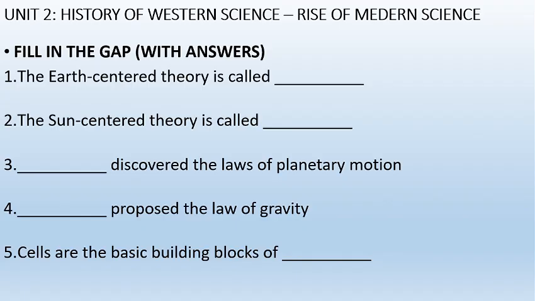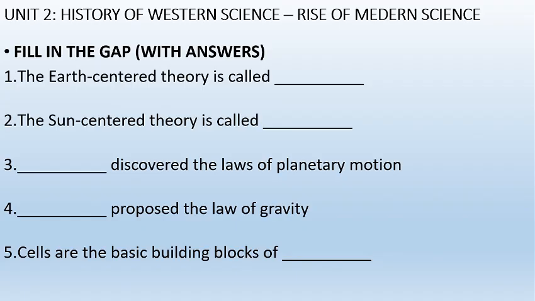Yeah, geocentric is the earth-centered theory because the word geo means earth, while centric means center. So if you are to write this down, your G must be in capital letter, geocentric theory.